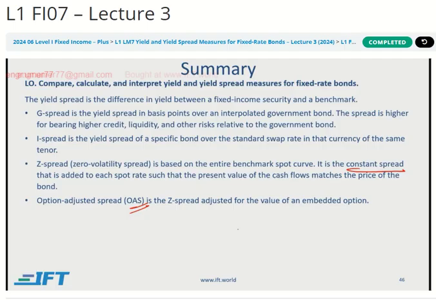And for a callable bond, obviously you're earning extra spread because you're taking more risk, so you'll have to subtract from it to get to the option adjusted spread. And for a puttable you're already getting less because you are buying a bond which is having that premium option, so you'll have to add to it to get to the option adjusted spread.